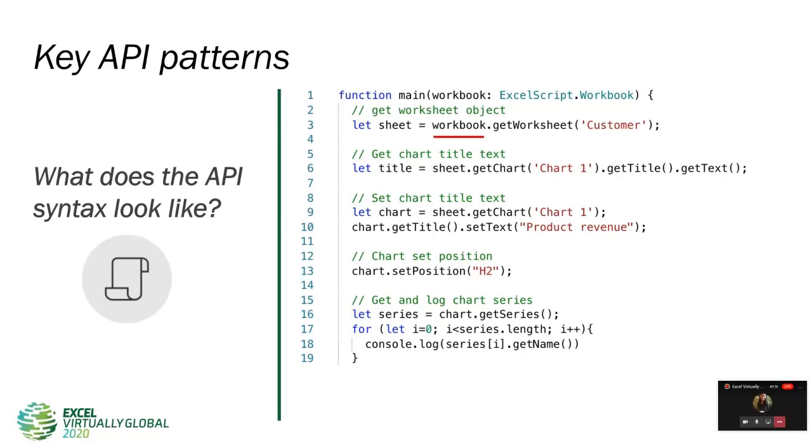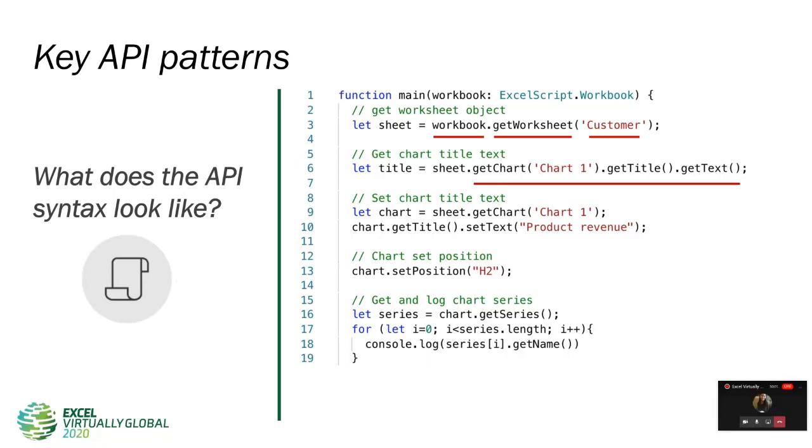First, like I mentioned, workbook is at the top, using which you can get to other objects such as retrieving the worksheet named customer. Customer here is a string that is a parameter that the get worksheet API takes in. What this API does is it retrieves the worksheet and gives that to the sheet object.